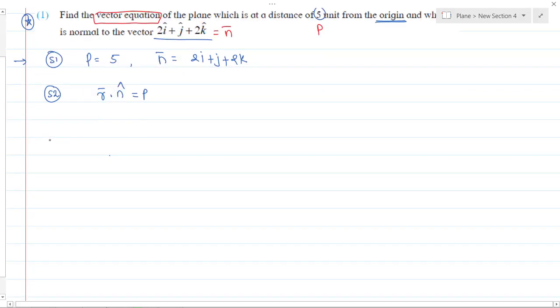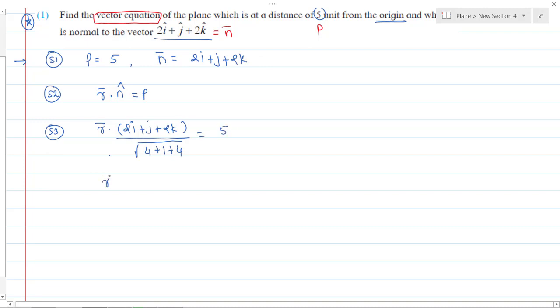Now step 3 is to substitute the values. So r bar dot n cap; you have the n bar, so let's write down the n bar: 2i plus j plus 2k. But how will you convert it into n cap? Just divide by its magnitude, so it becomes root of 4 plus 1 plus 4, and this is equal to p, which is 5.